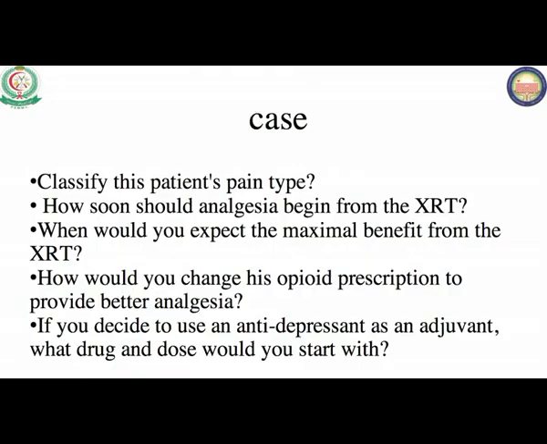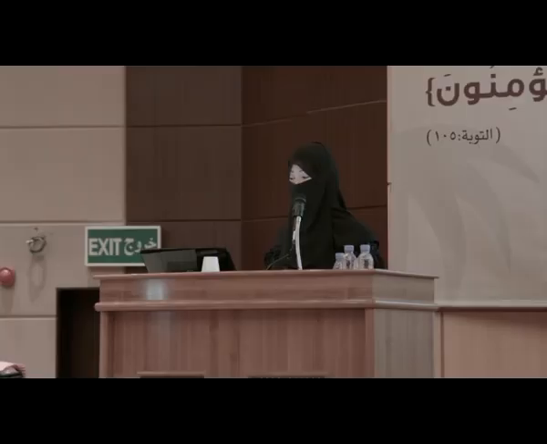So if you decide to use an adjuvant, what drug and dose would you start with in this patient? Pregabalin can be used, yes. What other types also? You know the doses for pregabalin, but they will talk later on about the doses.